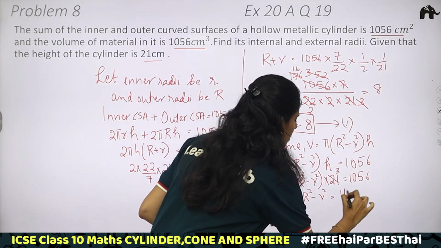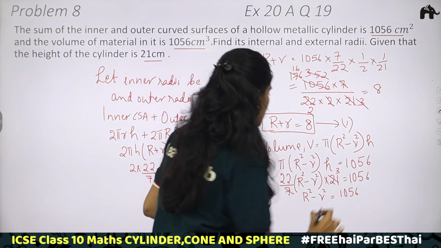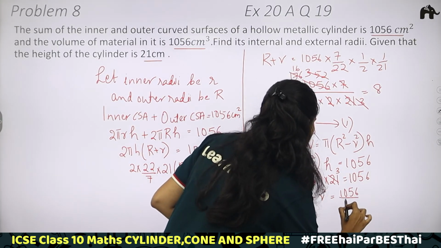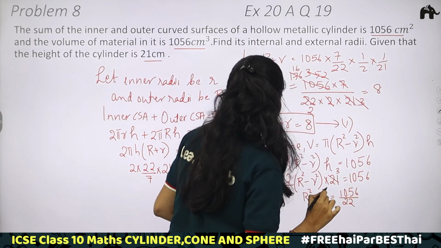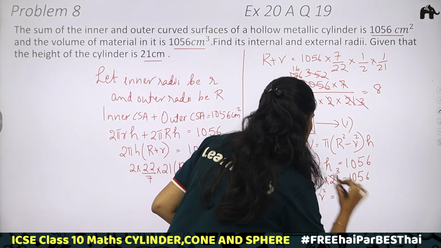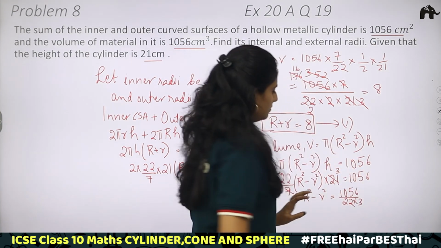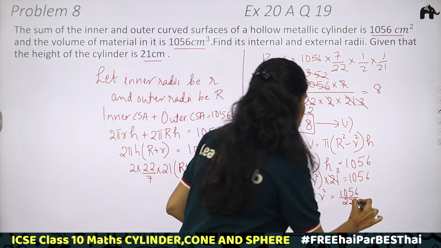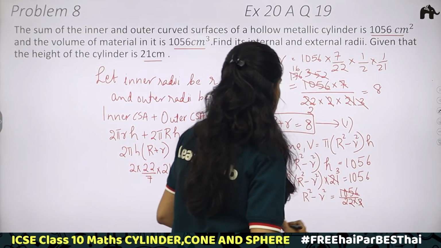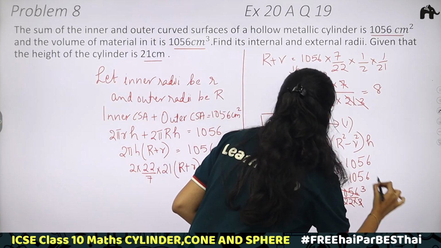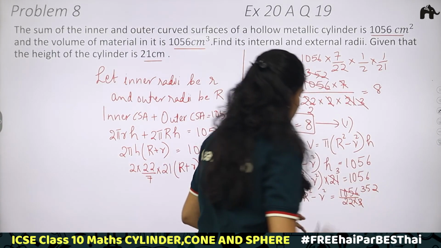Then what is R square minus r square? That is 1056 divided by 22 into 3. Again cancelling. 3 and 1056 can be cancelled. We get 352.